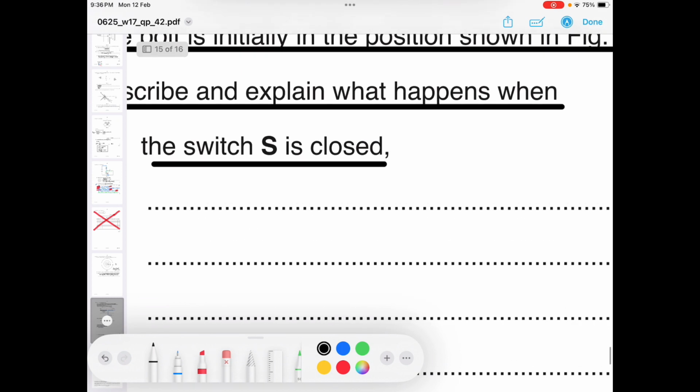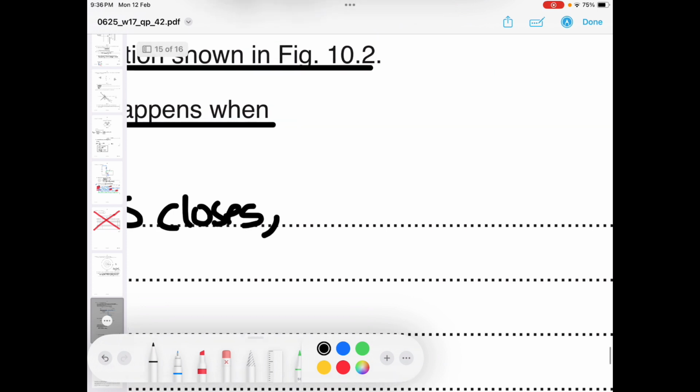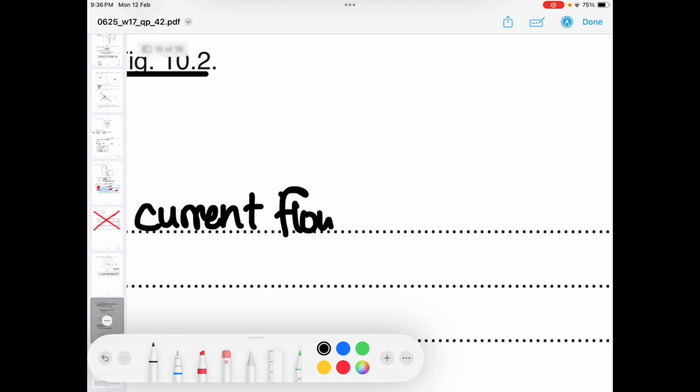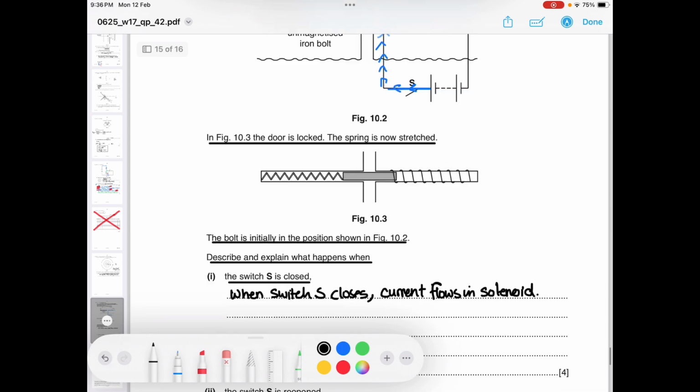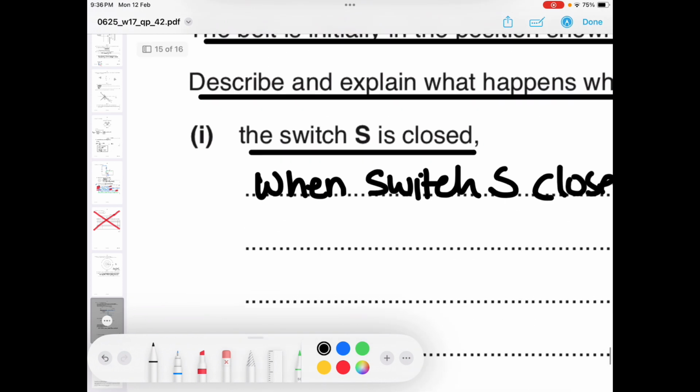So let's say when switch S closes, current flows through the solenoid. The solenoid becomes magnetized.